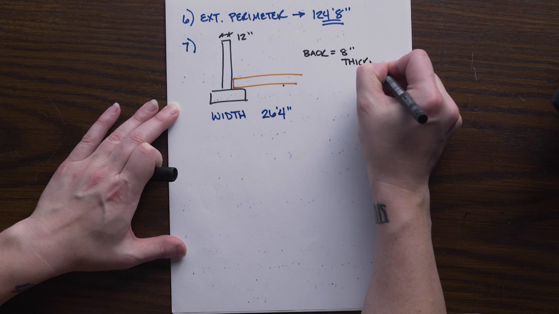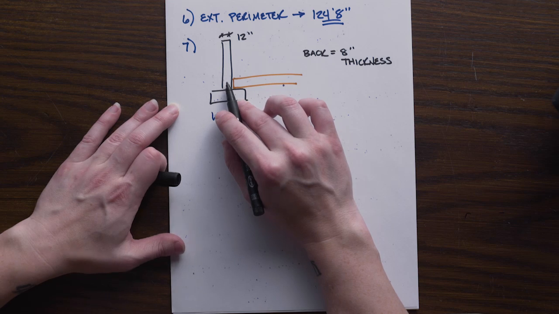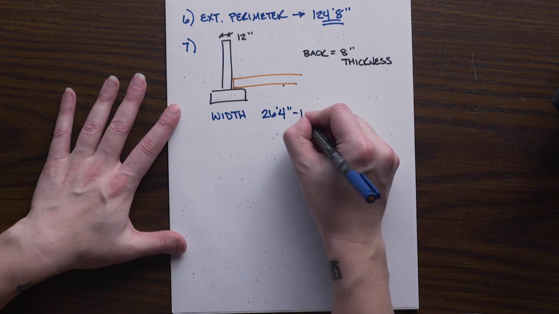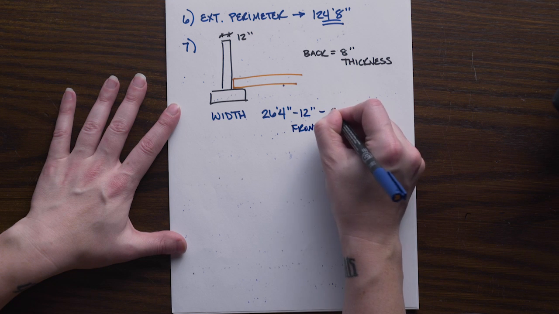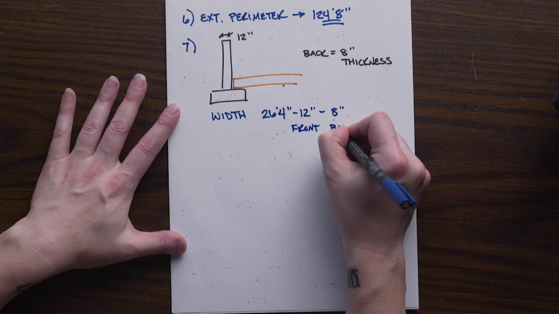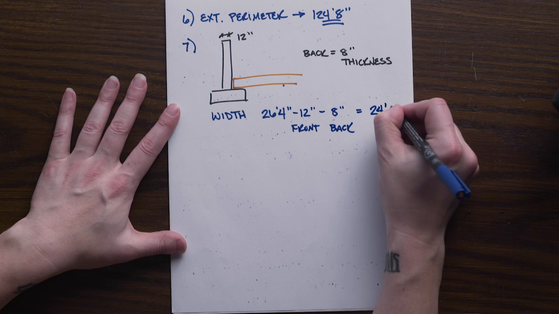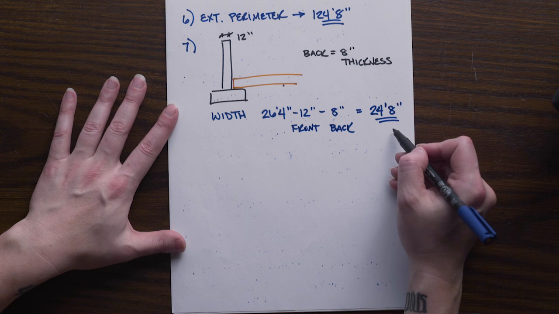We need to get rid of both of those thicknesses. Instead of coming halfway like we do for our center line, we need to go the full 12 inches for the front wall and the full 8 inches for the back wall, giving us a 24'8" width for our concrete floor slab.